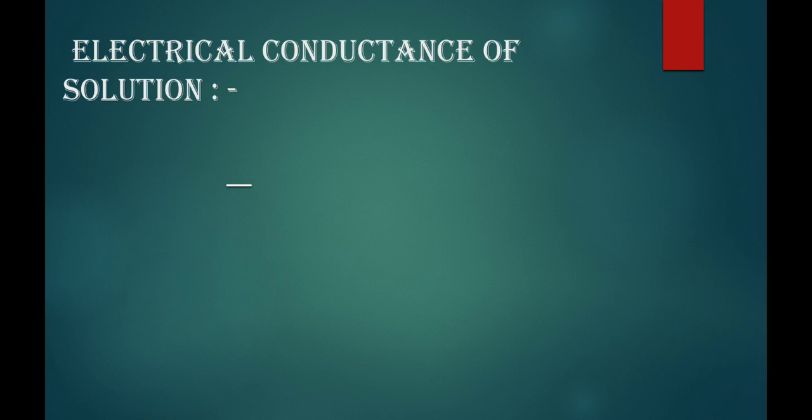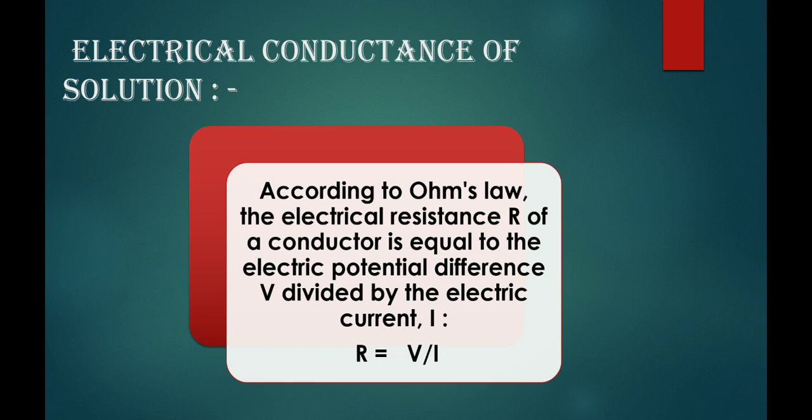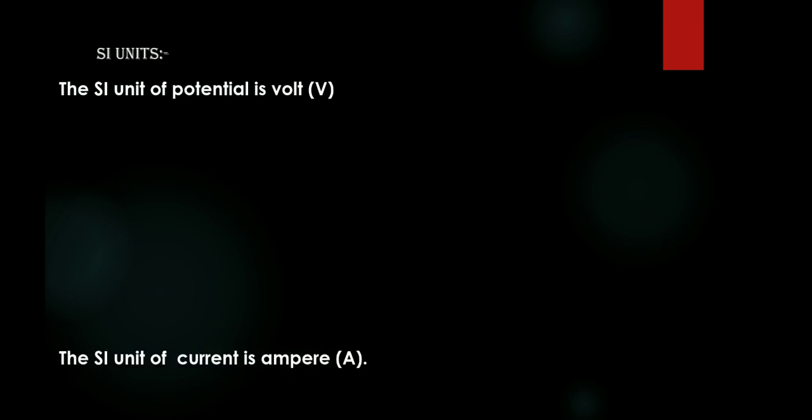First, electrical conductance of solution. As we know, according to Ohm's law, the electrical resistance R of a conductor is equal to the electrical potential difference V divided by electric current I. So we can say that R is equal to V by I. The SI unit of potential is volt.